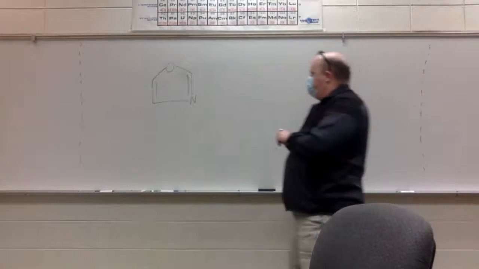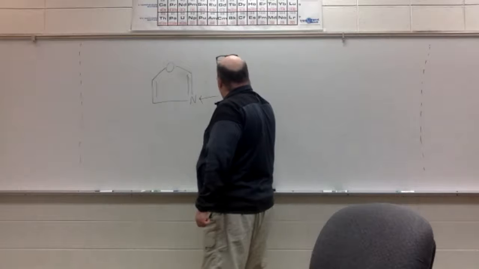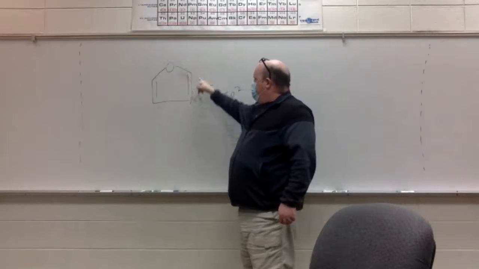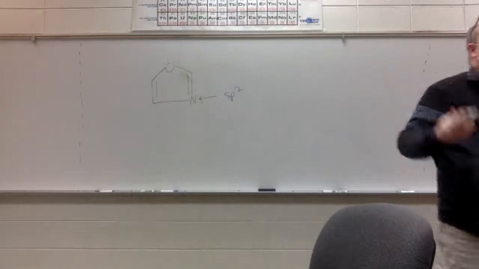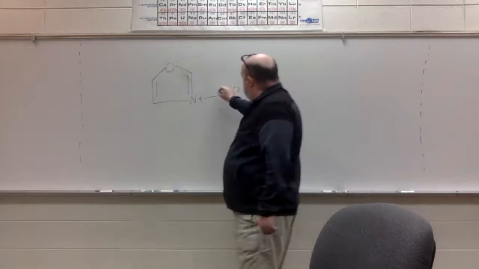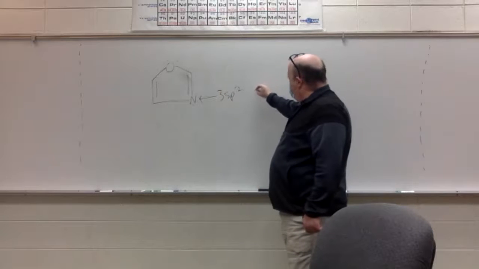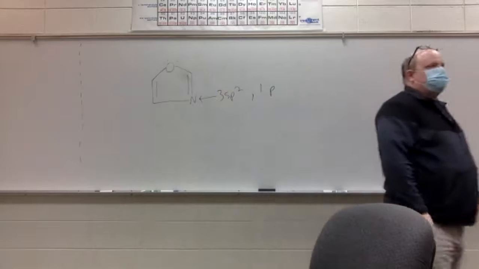It is sp2 hybridized. It's got 2 bonded carbons and 1 unshared pair, so it's got 3 groups around it. According to our classical definition, that's sp2 hybridized. Since it's sp2 hybridized, it has 3 hybrid orbitals and 1 p orbital left over. So we'll just write that down.